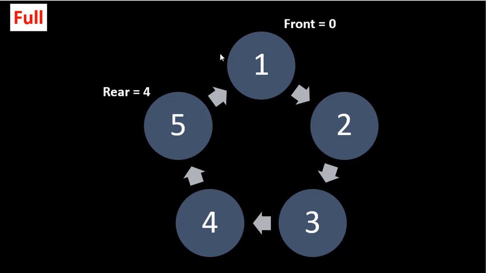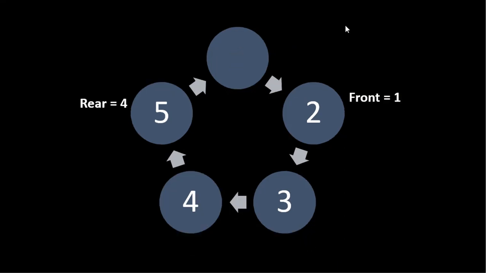So we can say the queue is full when front equal to 0 and rear equal to max minus 1. Max minus 1 means the size of this queue is 5, so 5 minus 1 equal to 4, because the index starts from 0. So 0 1 2 3 4. At rear equal to 4 and front equal to 0, we have the full condition.